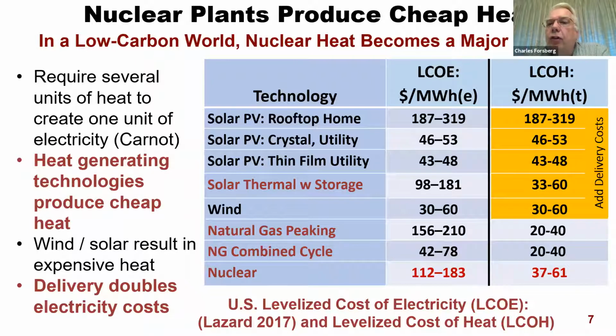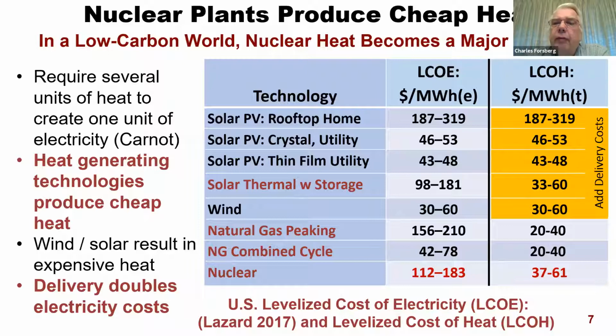In most applications, particularly where you need higher temperatures, you use resistance heating, and 1 unit of electricity equals 1 unit of heat. However, in the nuclear case, it takes 3 units of heat to produce 1 unit of electricity. And as a consequence, nuclear reactors produce cheap heat, but more expensive electricity.